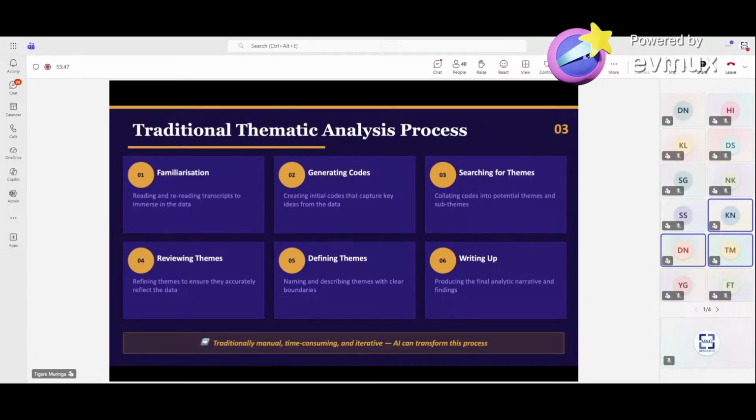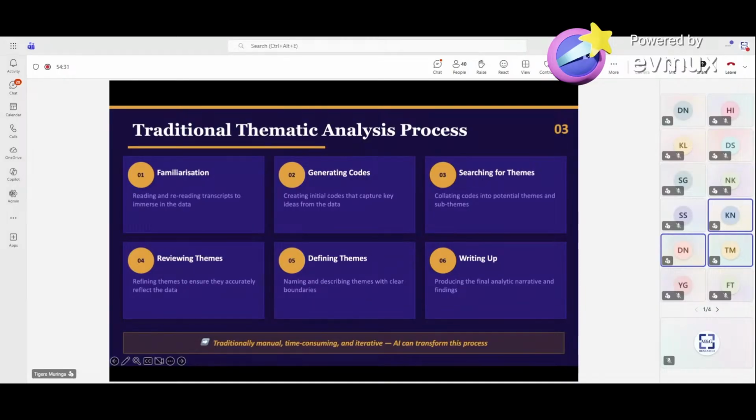But in between this whole six-step process, there's a lot of things that as a researcher you'll be doing, right? You'll be writing down notes, bringing themes and codes together, erasing, deleting some, color coding. So the traditional thematic analysis approach, as beautiful and effective as it's been over the years, we are increasingly realizing that it is manual, time consuming and iterative in nature, right?